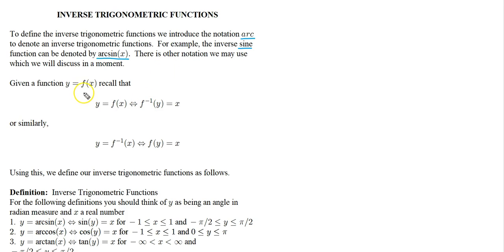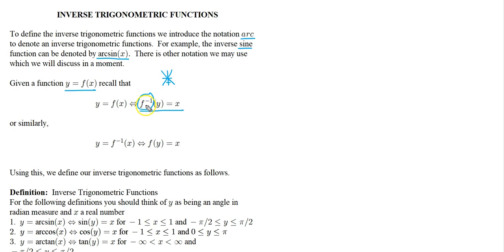Now recall that if you're given a function f of x and we let y equal f of x, then that's equivalent to saying that f inverse of y equals x, where this denotes your inverse function for f. Remember, this does not mean 1 over f. It doesn't mean that.